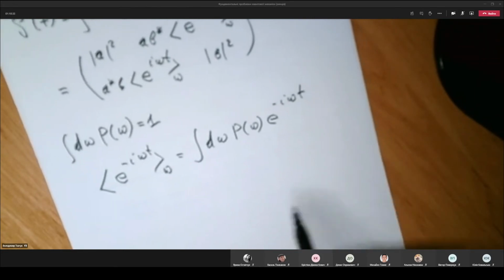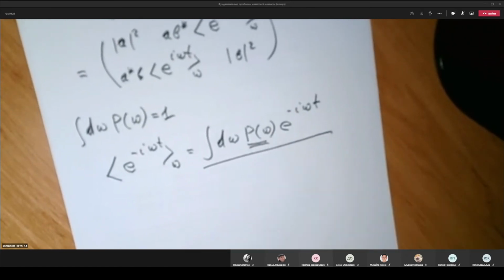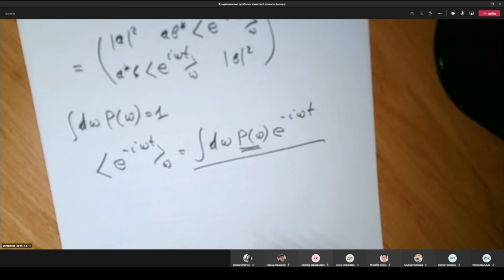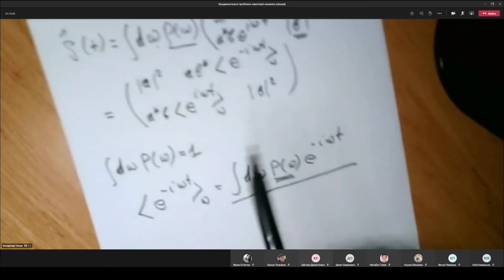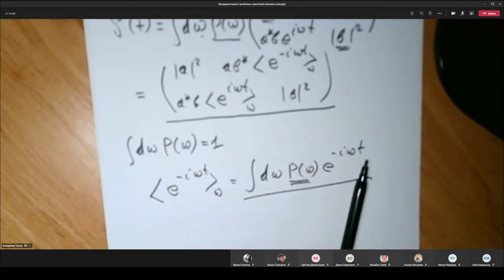From a mathematical point of view, it is the Fourier transformation of the distribution function p omega. So it is just our result for the evolution of the density matrix, and this density matrix describes a mixed state.